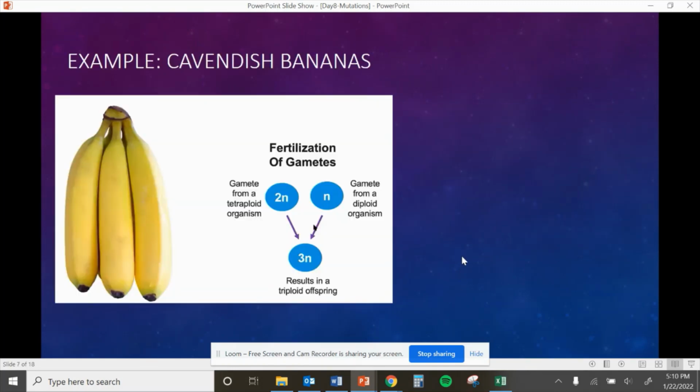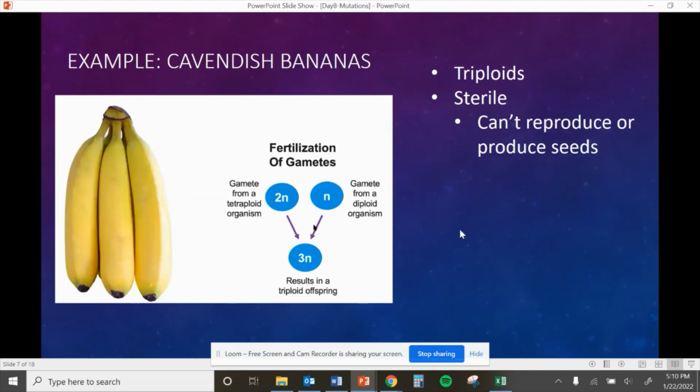Okay, let's look at an example of this: Cavendish bananas. Cavendish bananas are triploids. They're sterile, so they can't reproduce or produce seeds.